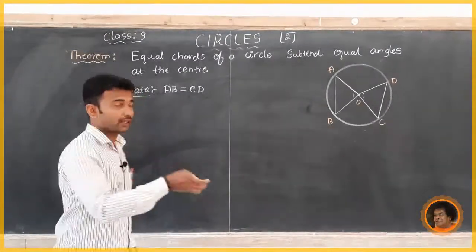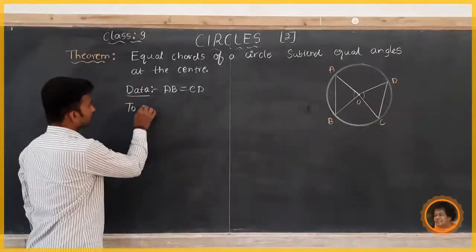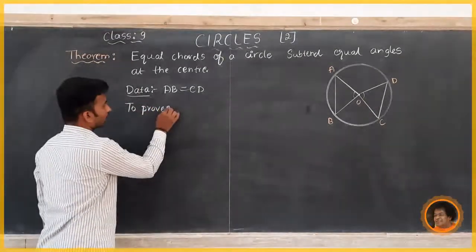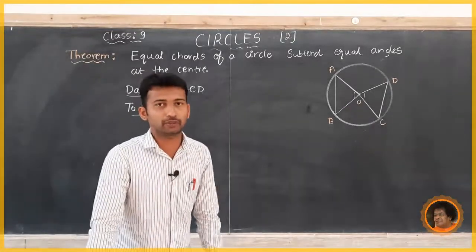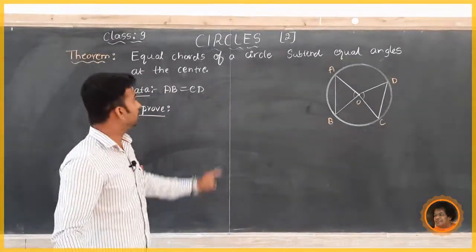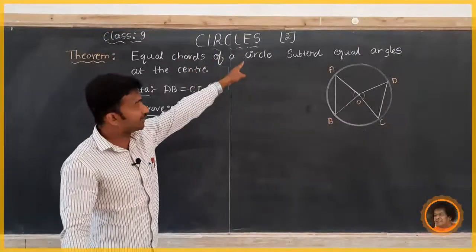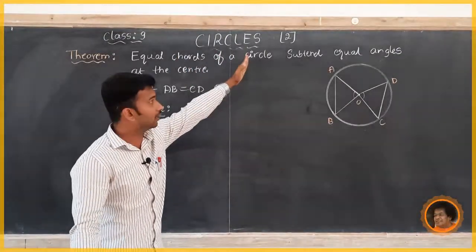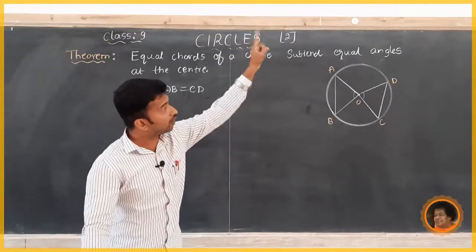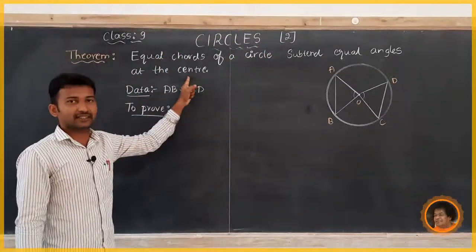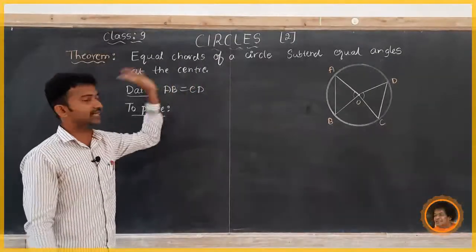Second step, to prove. What do we have to prove? We have to prove that equal chords of a circle subtend equal angles at the center. Equal angles at the center.